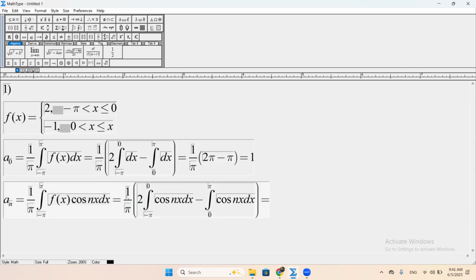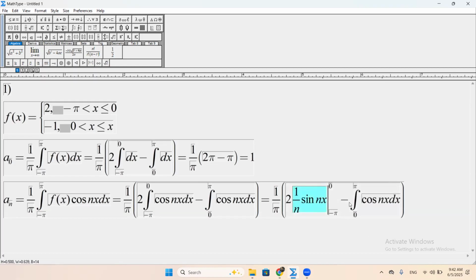And what we will receive actually, finding the antiderivative, so 1 over n sine of nx with the substitution from minus p to 0. And here as well, the same expression, but other substitutions from 0 to p.